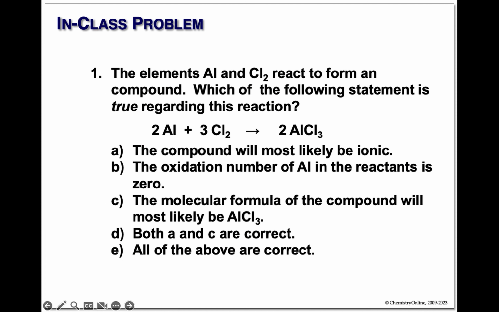The compound will be ionic. Of course, it has a metal. Oxidation number of aluminum in the reactants is 0. It's an element. Of course, it's 0. Molecular formula will be AlCl3. Yep, that's what we said. And this is all of the above.